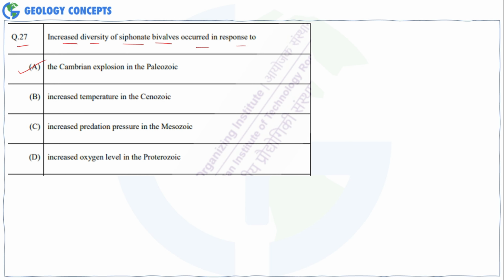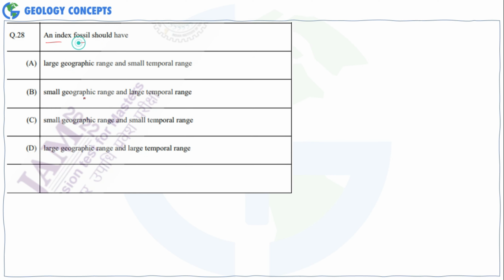So just in the search of food, they had this diversity, and it can be related to the Cambrian explosion in the Paleozoic era.